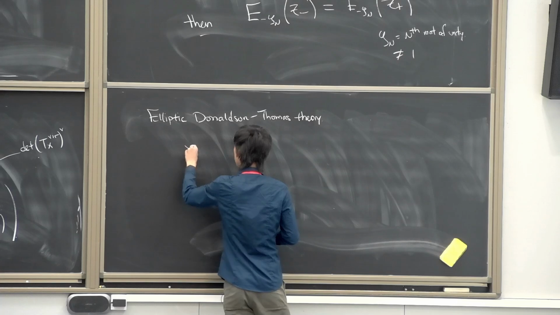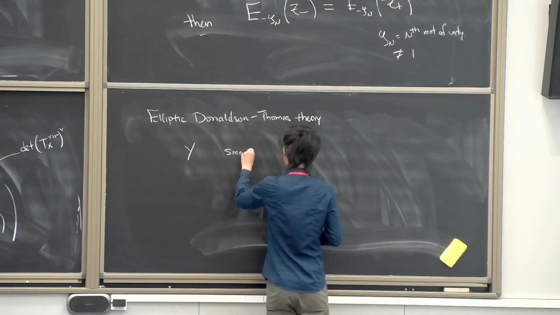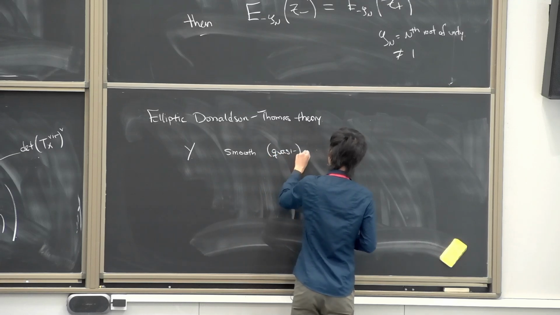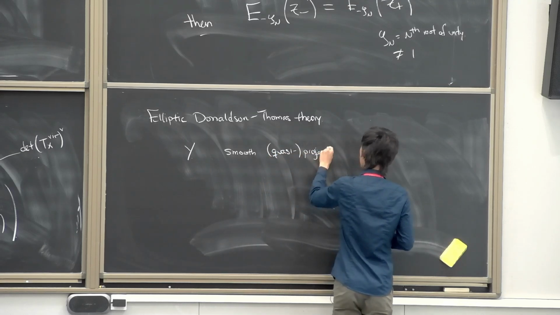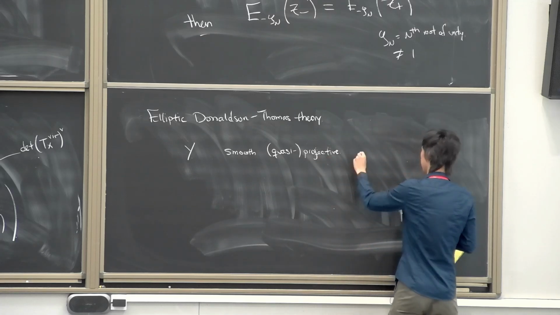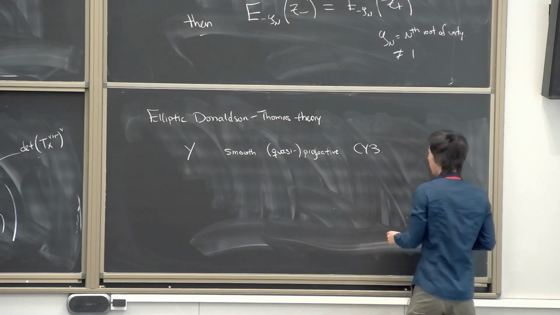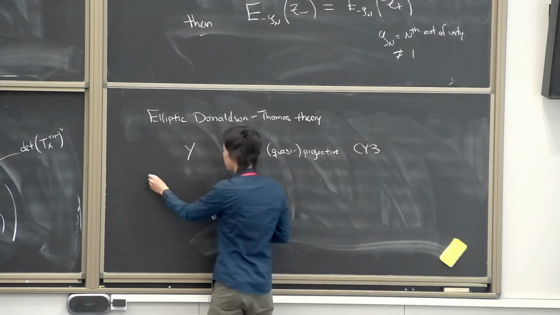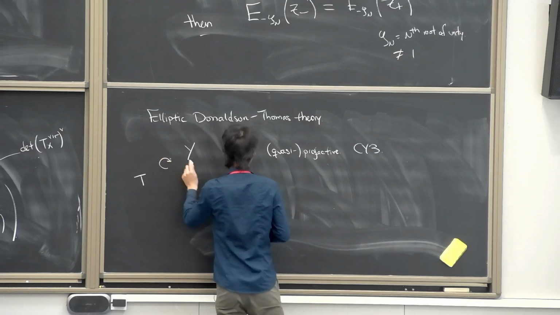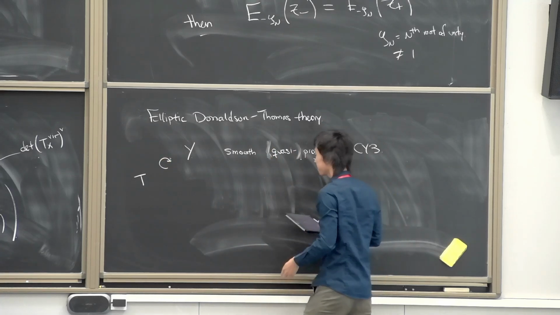Okay, so we have a space Y. Y is a smooth, quasi-projective Calabi-Yau 3-fold. For now, maybe for simplicity, we can just pretend it's really projective. And again, we assume that there is some torus action, so I suppose it really should be quasi-projective.